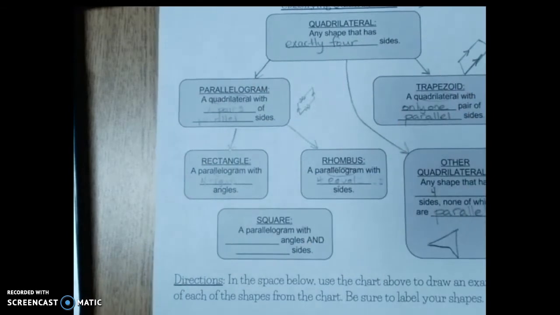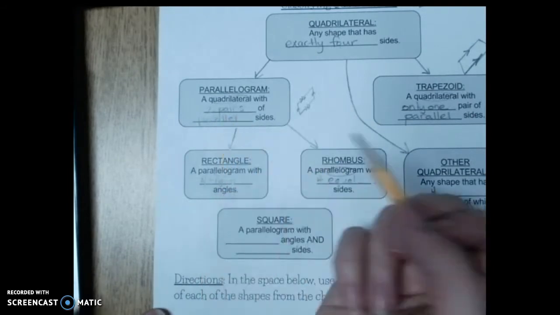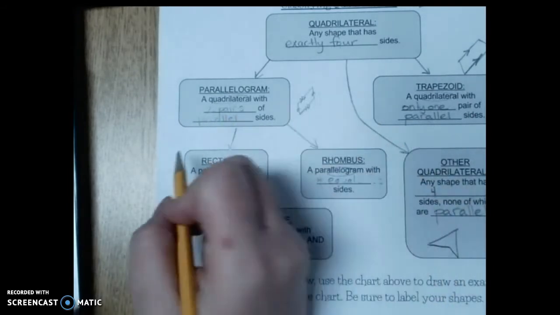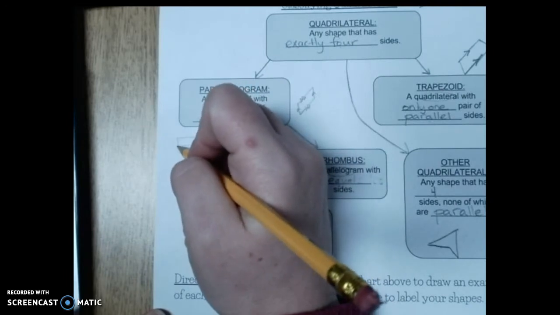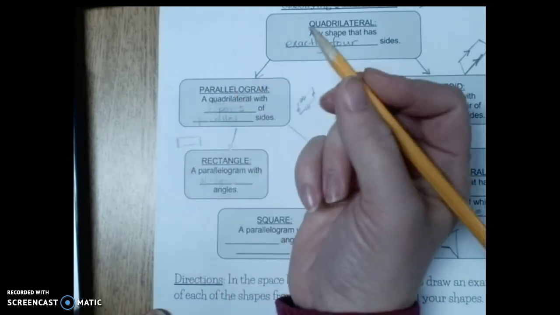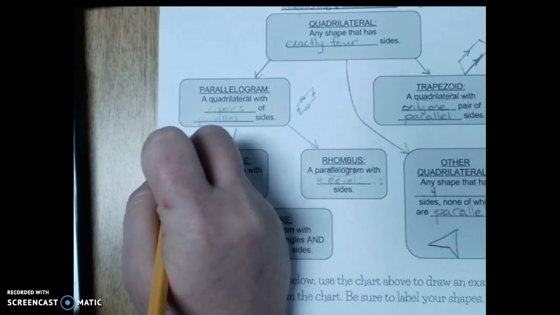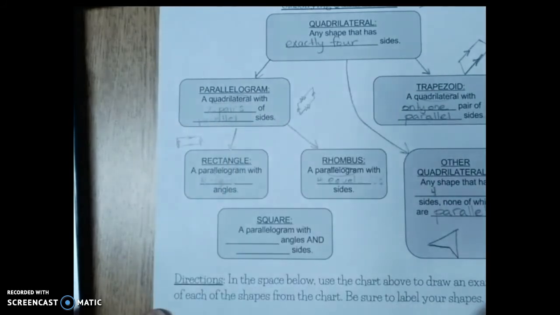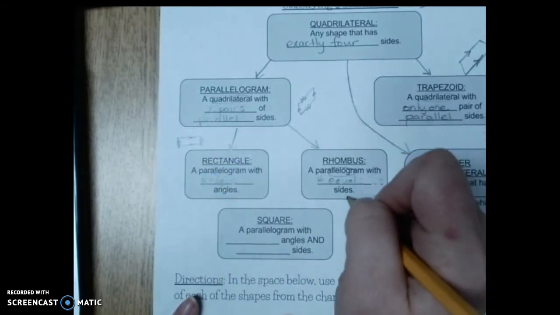A rectangle has to have two pairs of parallel sides, just like the parallelogram, but instead of being slanted, it has to have right angles. So this one's parallel to that one, and these are parallel to these. There's exactly four sides. For a rhombus, it doesn't matter if the angles are equal. It matters that the sides are equal.